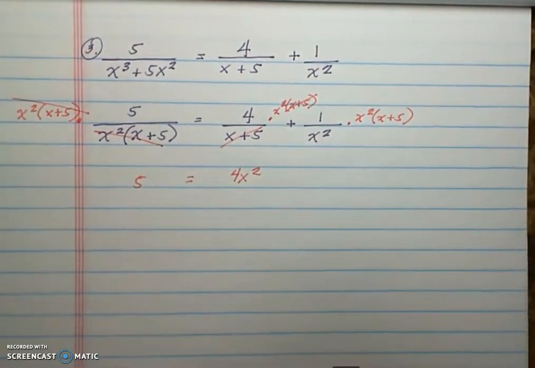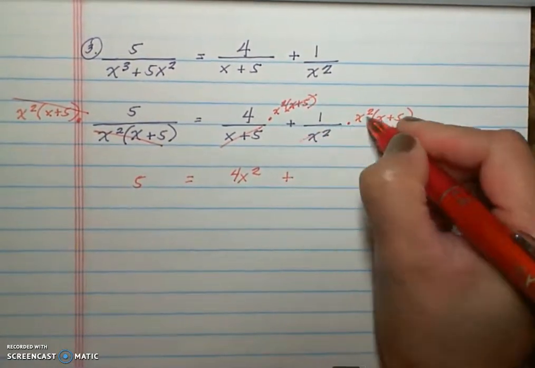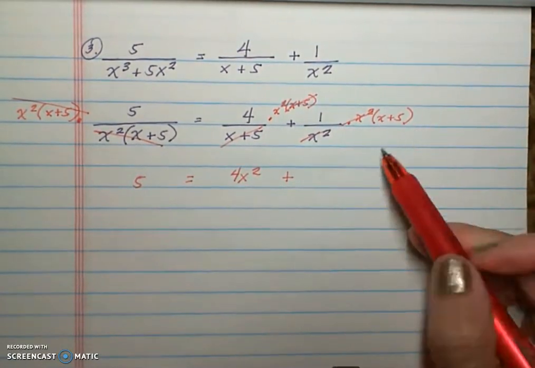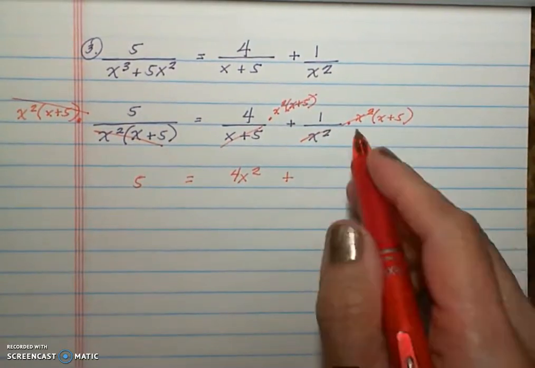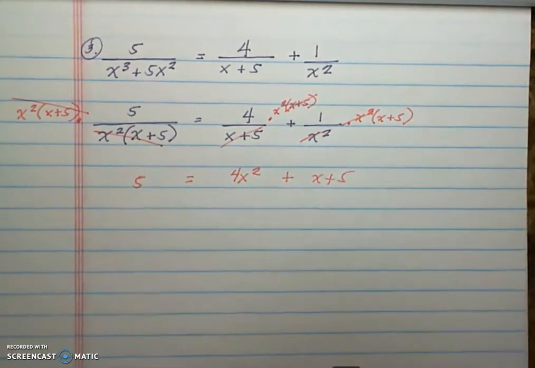Copy down the equal sign and then copy down the plus sign, and this will be canceled out. It won't turn to 0, it turns to a 1. So common misconception is that it turns to 0. No, they don't. They turn to 1. So now this is x plus 5. And now you're going to solve for x.